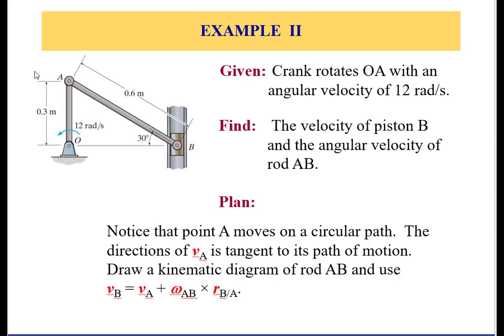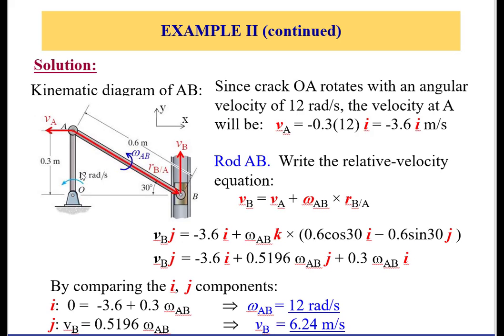And if you don't like it this way, you can put it in a vector form, where it's equal to omega AO cross the position of A as seen by O. So putting that into a schematic, that's what you're going to get.